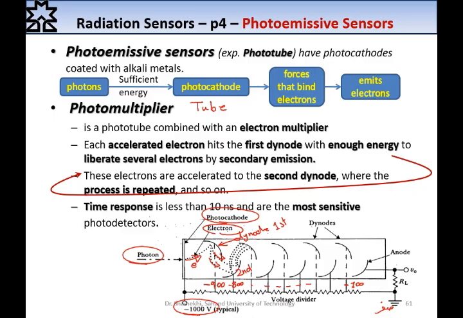This procedure will be repeated, and because of having 1, 2, 3, 4, 5, 6, 7, 8, 9, and 10 dynodes, we can extract 2 to the power of 9 electrons because of only 1 photon.